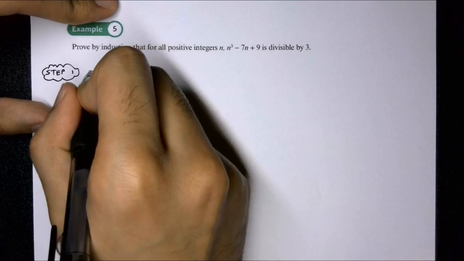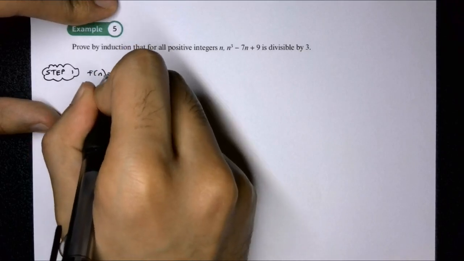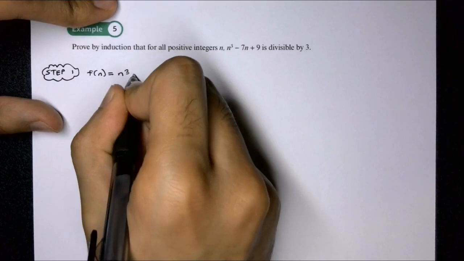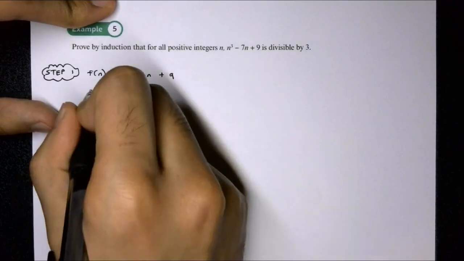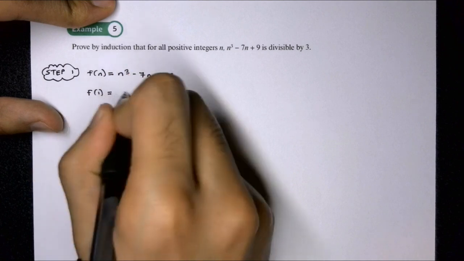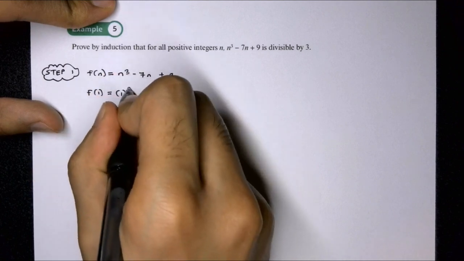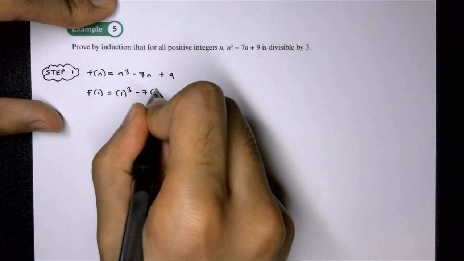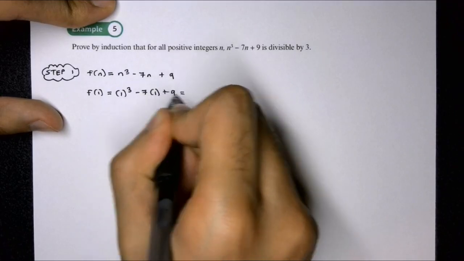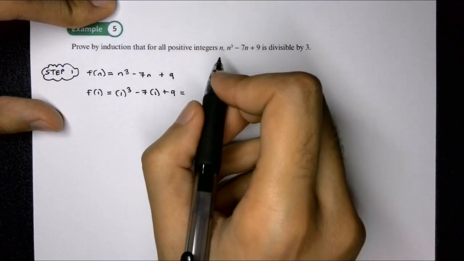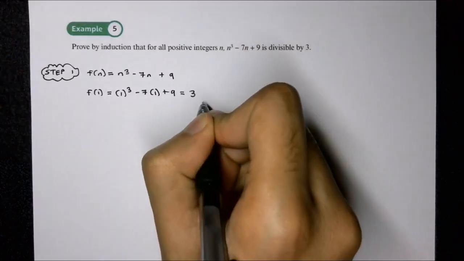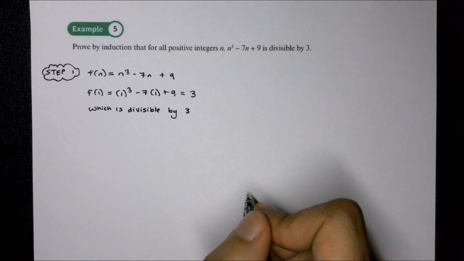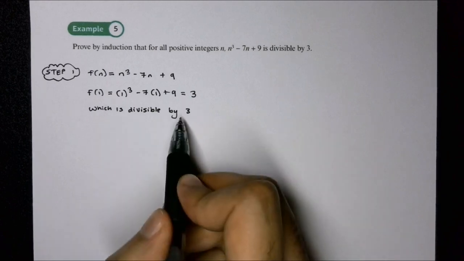So, first of all, let f of n equal n cubed minus 7n plus 9. So therefore, f of 1, that's equal to 1 cubed minus 7 lots of 1 plus 9. If we work all of this out, we get 3. And of course, 3 is divisible by 3, as we see over here.